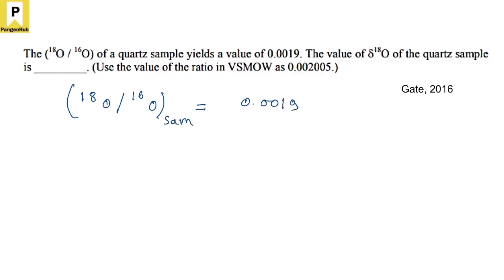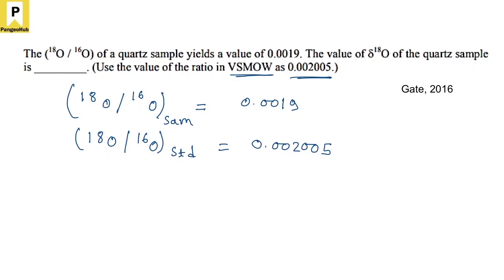Now we can use this VSMOW value. VSMOW is nothing but 18O divided by 16O of the standard. We have seen that. The value is 0.002005. So what we have to do is find this delta 18O.